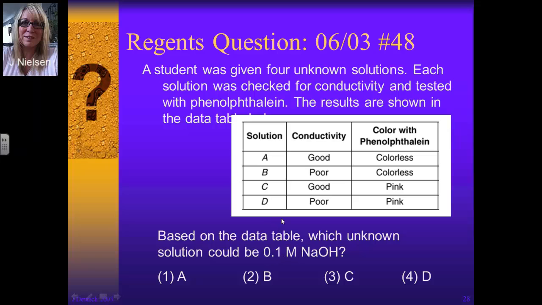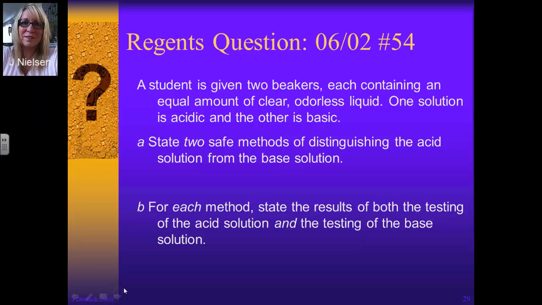Well, we know that it's going to be C or D because it's a base and phenolphthalein is pink. But is it going to be a poor conductor or a good conductor? Well, we know that group 1 and group 2 bases are strong bases and they 100% dissociate. So it would be a good conductor, choice C.